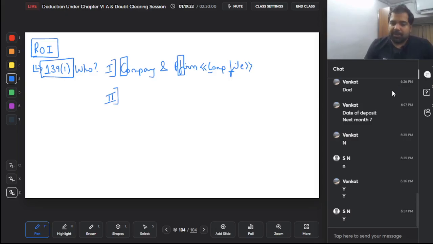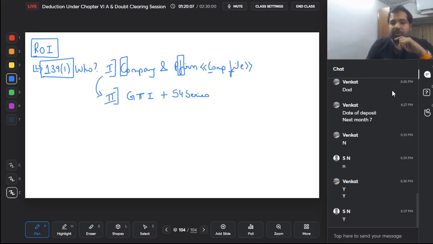for other than companies and firms, you will go to the second step, and second step says that for all others, whether it's an individual or an HUF, etc., you will need to file only if your gross total income. Yes, guys, you read it right. The most useless number is finally finding some use. So if your gross total income plus your 54 series exemptions, if you remember, in capital gain, when you would sell a house, you would have a gain, but when you buy a new house, you would get an exemption.